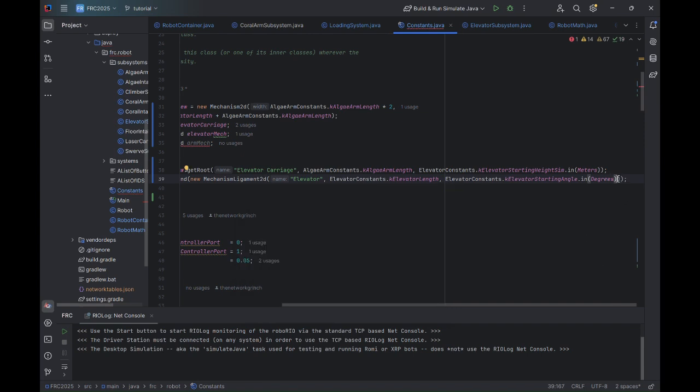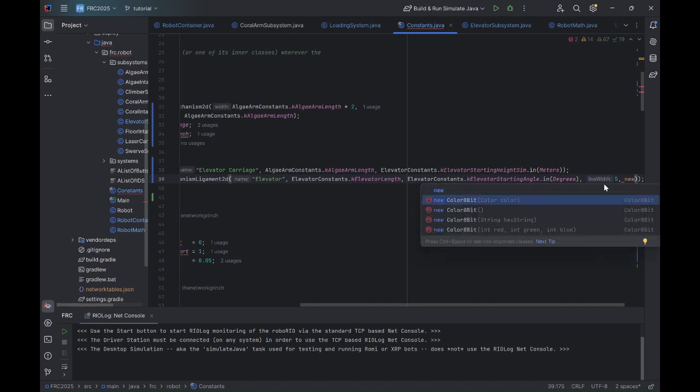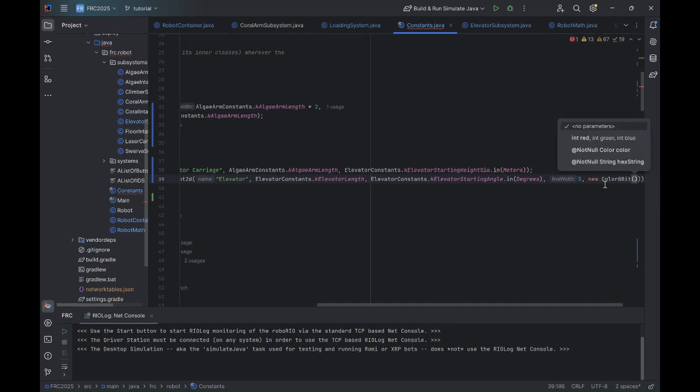It's kind of awkward. So, we need the line width and the color for your elevator. So line width, I'll just put 5. See, line width, and the color. So we have a new color, and we need color.